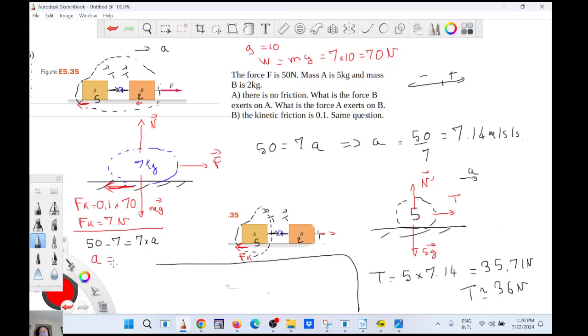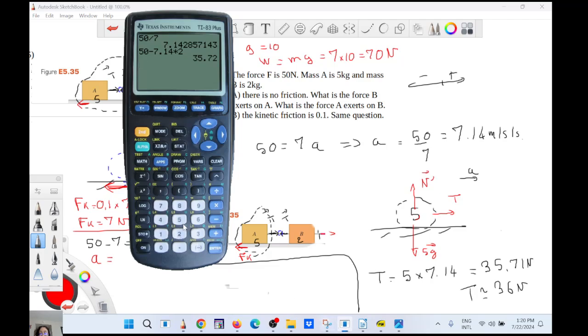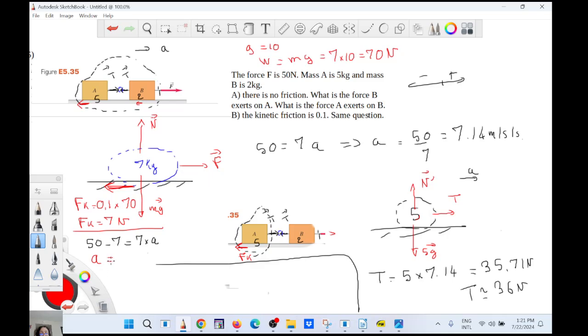So A will be 50 minus the frictional force, which is 0.1 times the weight, which is 70, divided by the mass, sorry. So it's going to be 6.14. So it's less than before, right? 6.14. Before it was 7.14.